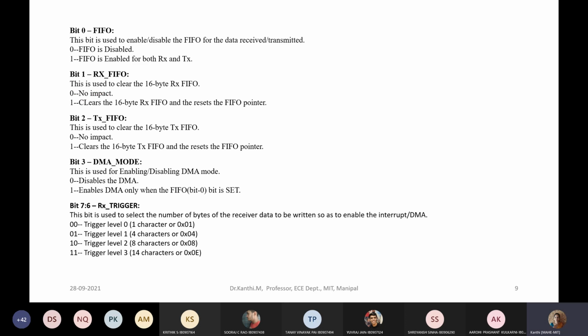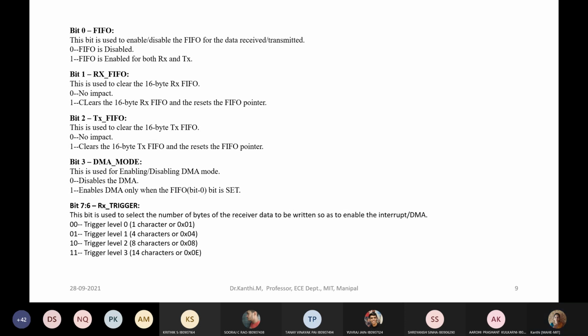Yeah, these are the bit fields of the register. Bit 0 is used to enable the FIFO. Bit 1 is used to clear the 16-byte receiver FIFO.